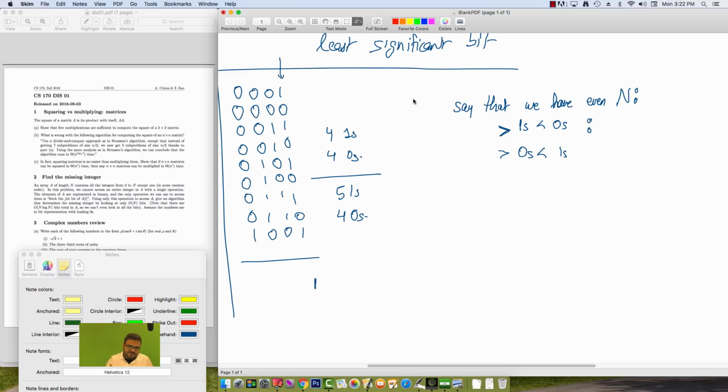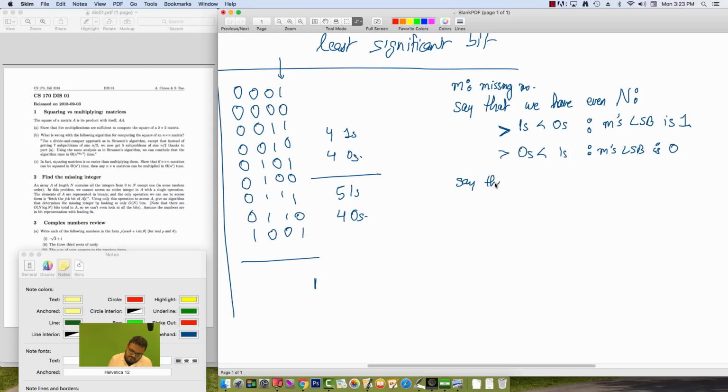So let's say that the missing number is little m, right? Say that we have even n, m is the missing number, right? Then m's LSB, least significant bit, is a 1 because we're missing a 1, right? And in this case, we have m's least significant bit is 0. Okay, so this is what we know so far.